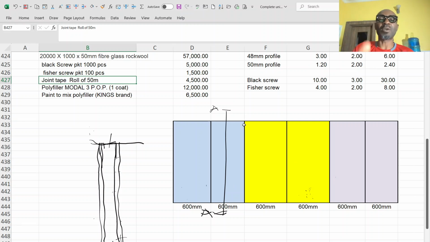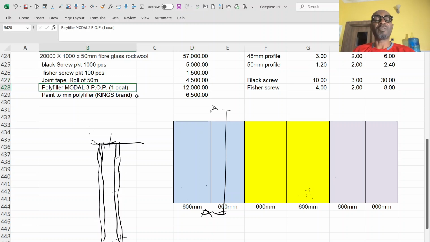It has some adhesive on it. You stick it on the joint between the two boards. Then you screed on it. So now it prevents any future cracks along that joint. So you're going to have one here, one here. You're not going to put it at the middle. So these are 4,000, 4,500 for a roll of 50.